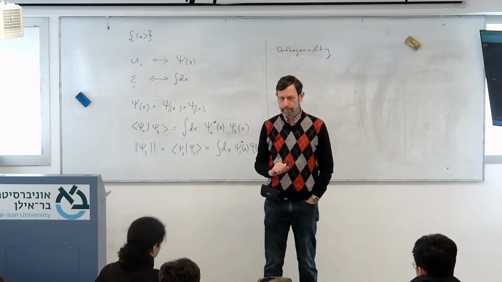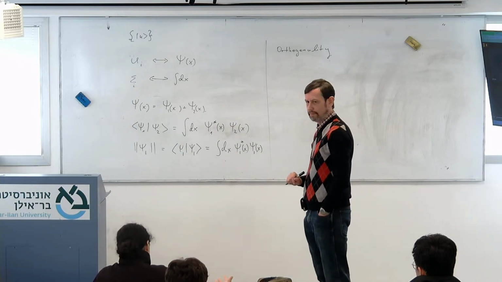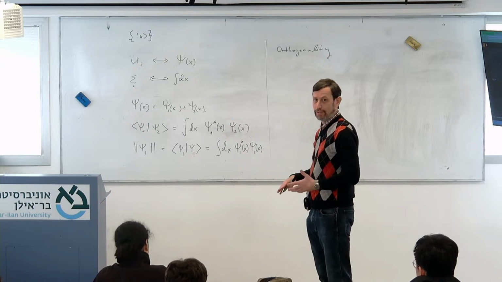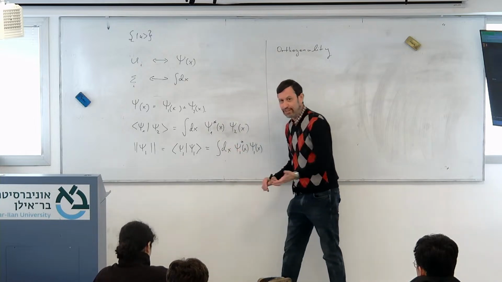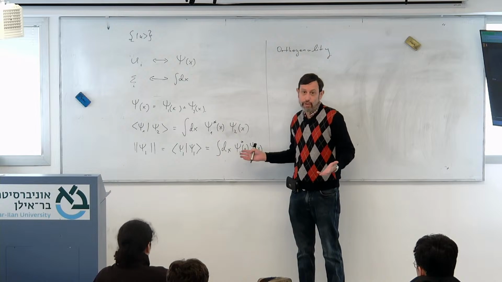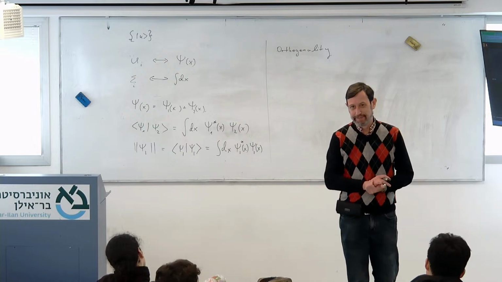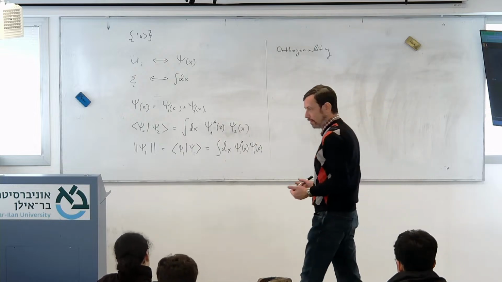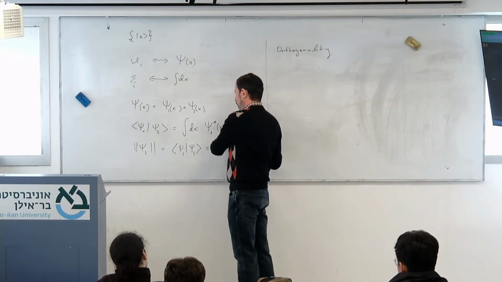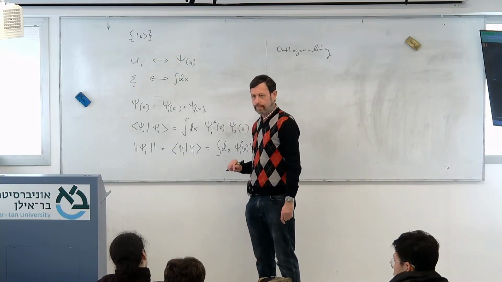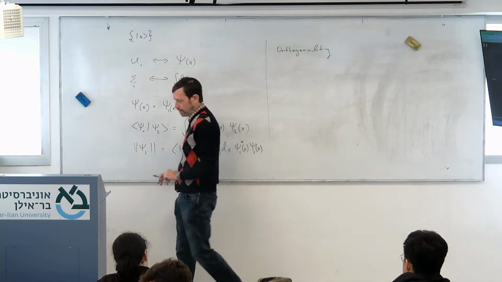Question? This integral, if we put limits, is 1, right? If I force the norm to be 1, yes. If I think about it as a wave function, yes. If I just think here on operations on some field of functions, not necessarily. It must be orthonormal? Well, just a moment, because I didn't yet define orthogonality.